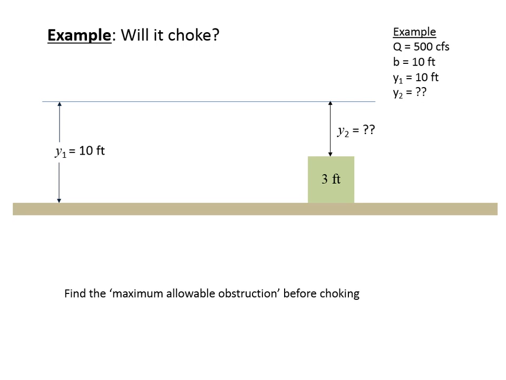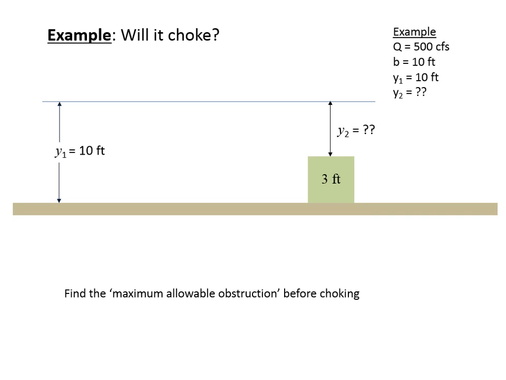We could rearrange that to look like, another way we could write that is E1 minus delta Z is equal to E2. Or, in other words, Y1 plus V1 squared divided by 2g minus delta Z is equal to Y2 plus V2 squared divided by 2g.